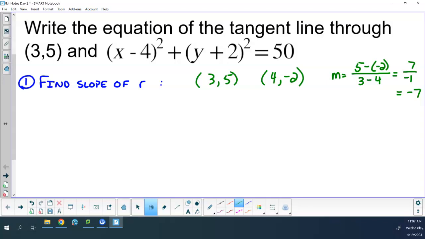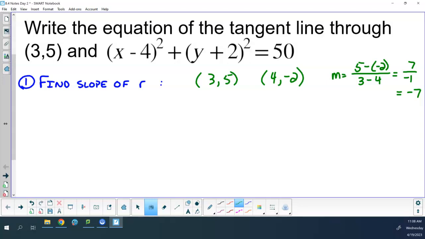What is the relationship between the radius and the tangent line? Which plays into step number 2. You need to know the relationship between the actual tangent line and the actual radius. They're perpendicular.